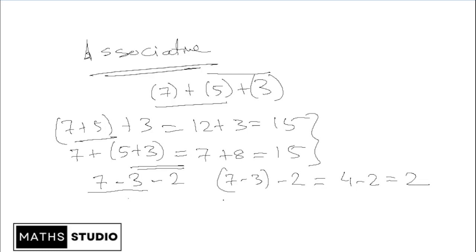The other way of associating would be 7 minus 3 minus 2, so 3 minus 2 is 1, which comes to 6. So associative property does not work over subtraction.